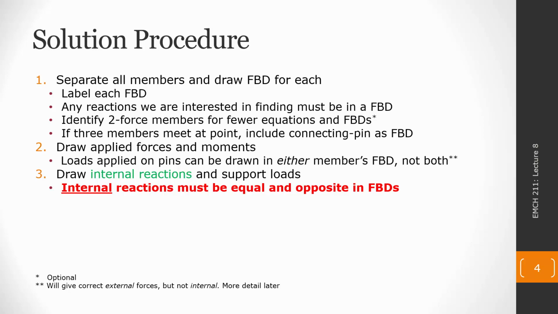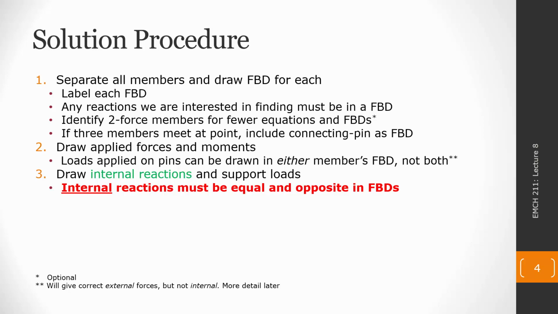For external forces and external couples, this is not the case. They get copied exactly the same as they were in every picture that they appear. So it's these internal reactions that must be drawn equal and opposite in typically the 2 free body diagrams in which they appear.